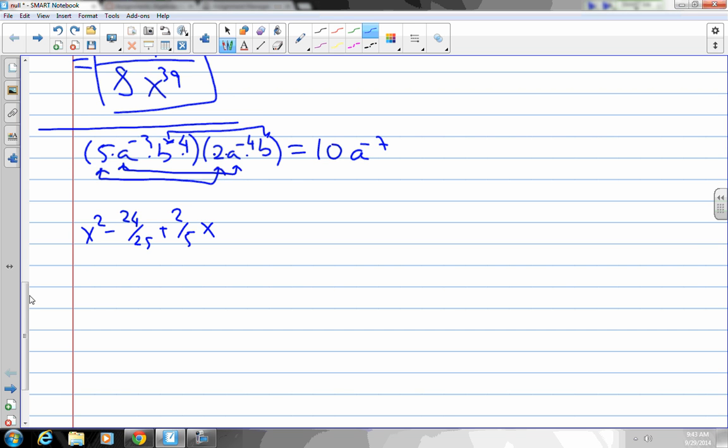You have b to the negative 4, and then b to the positive 1. So that gives you negative 3, right? You just add exponents. Well, negative exponents go in the denominator. That's basically it: 10 over a to the 7th, b cubed. So negative exponents change the level. They go from numerator to denominator and vice versa.